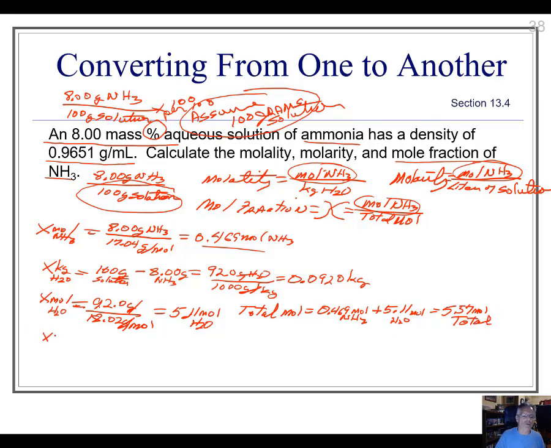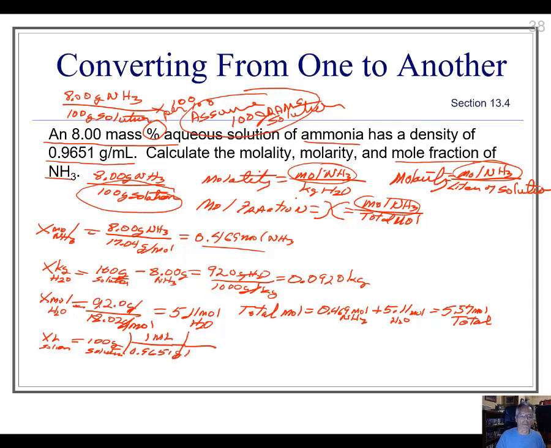Okay, one more. I need X liters of solution. Well, that one's easy. That's where I'm going to use my density. I know I have 100 grams of solution. That's my assumption. And my density is 0.9651 grams per mL, so 0.9651 grams for every 1 milliliter of solution.